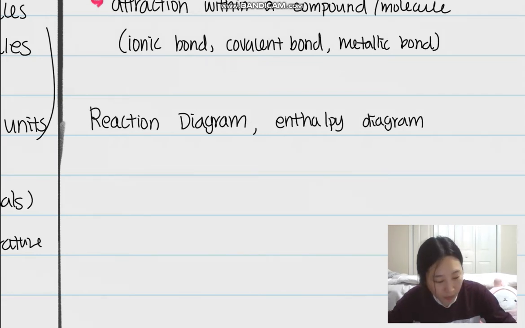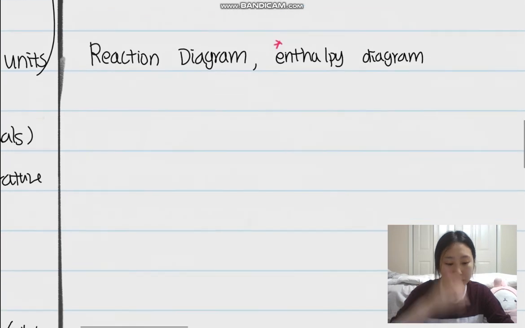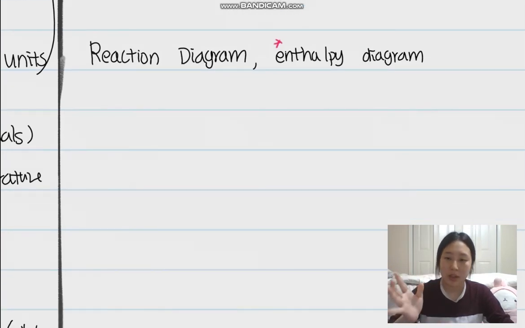Right, so if you're wondering what this enthalpy means, we're gonna come back to enthalpy because it needs lots of explanation. It's not that hard, but it may be a complicated concept. Alright, so a reaction diagram is a graph, so we need to figure out what the axes are going to look like.